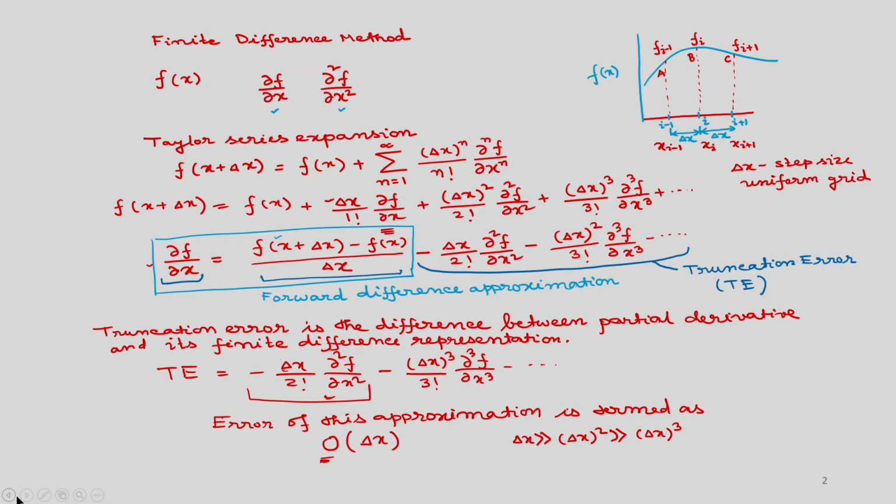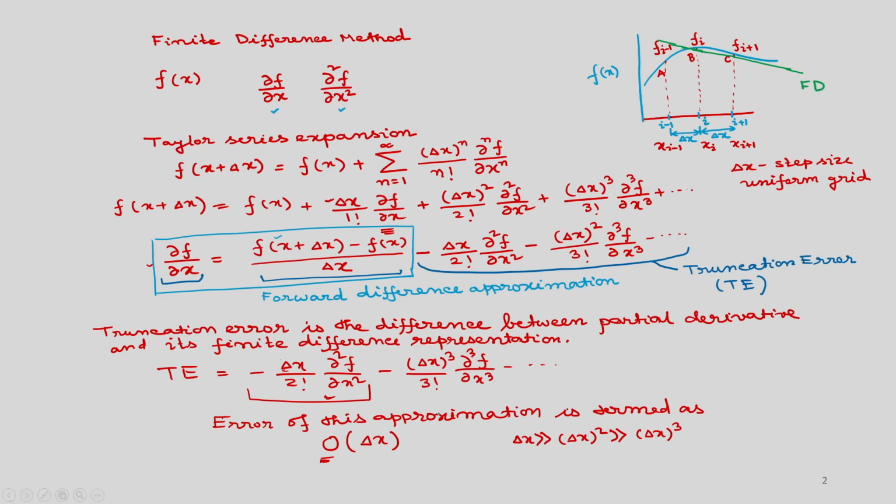Now, if you want to graphically represent it, what does it mean? In the previous graph, about this point B, you are writing this approximation, using the points C and B. Graphically, it represents the slope of the line joining the points B and C. This is your forward difference.